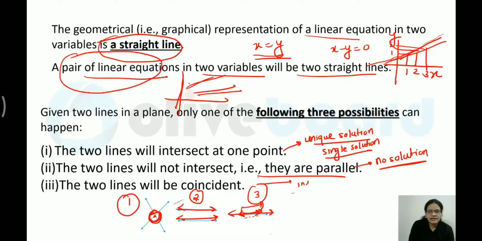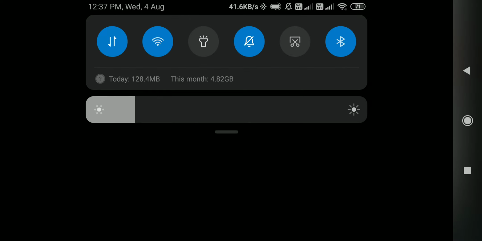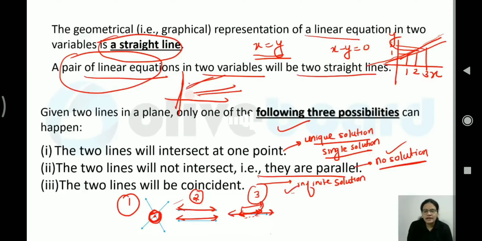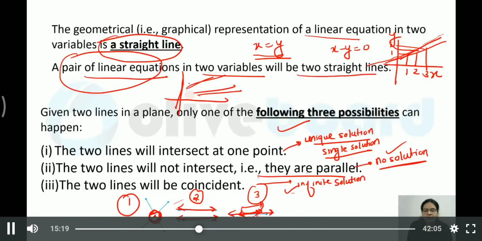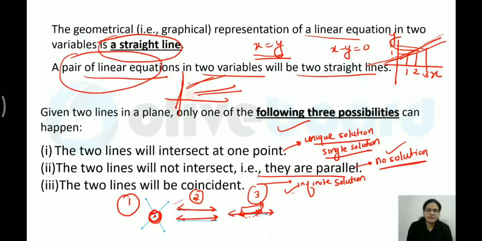So this is called having infinite solution. Are you getting it? So whenever you have two equations, either they will be cutting at one point, that is unique solution. They will not cut at all, that is no solution, or they will cut at many points, which is infinite solution.